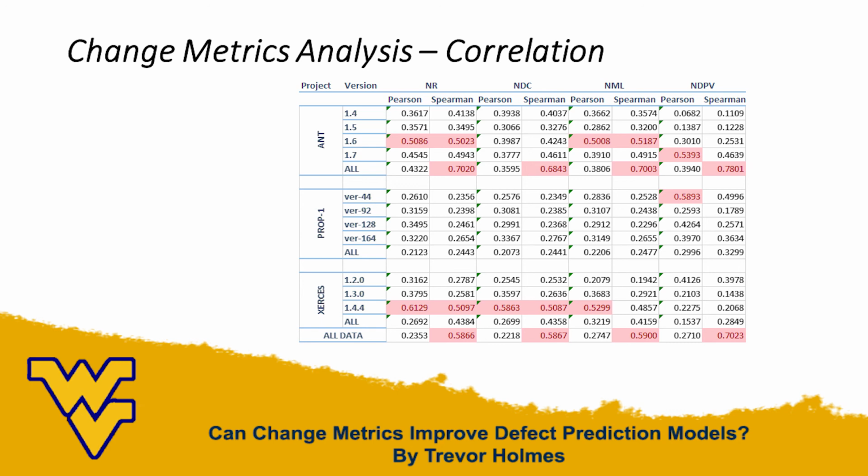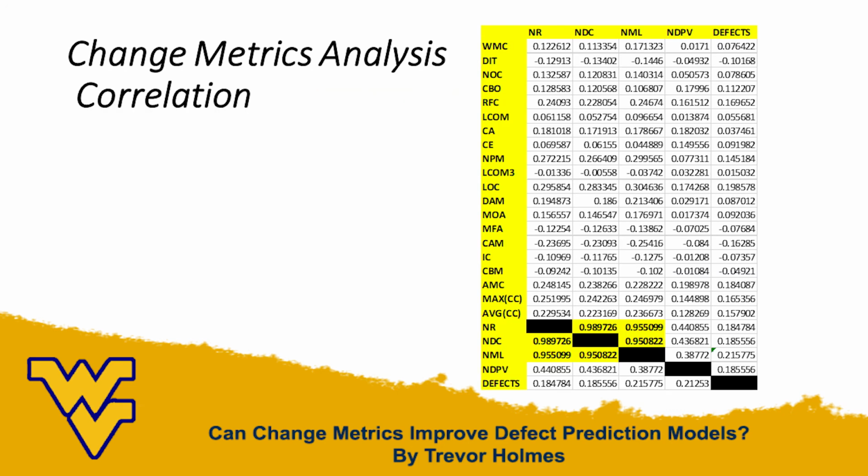There's close to 70% correlation for the ANT project, and then various other projects. Because the data was not normal, we used the Spearman correlation to see if there's any relationship there. Slide 11 shows the Spearman correlation for comparing all the change metrics to the static code metrics.